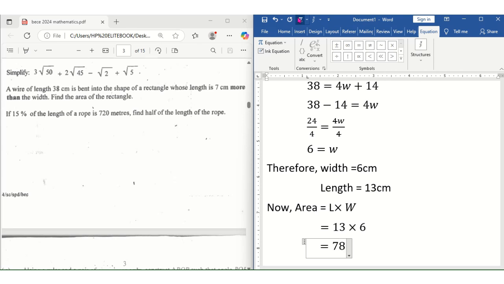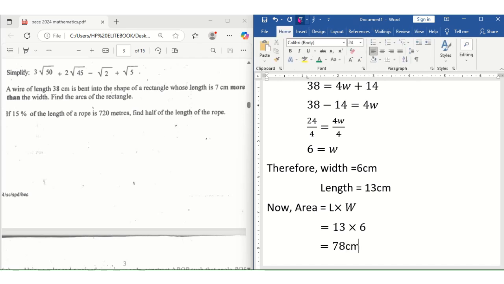So it means when you multiply 13 times 6, you get 78 centimeter square. 78 centimeter square, because it is area, it is unit square, and the unit is centimeters. So we are going to get 78 cm squared. This is our final answer for this question.